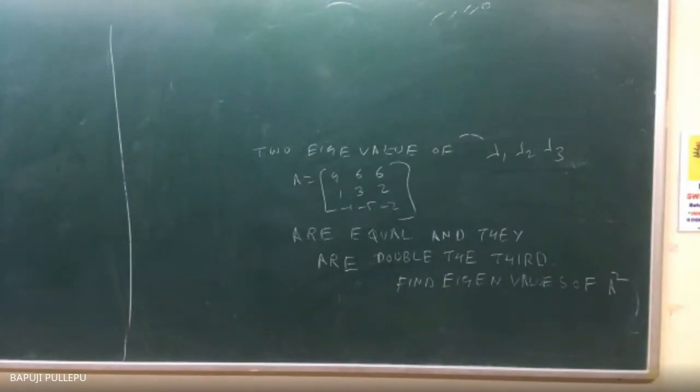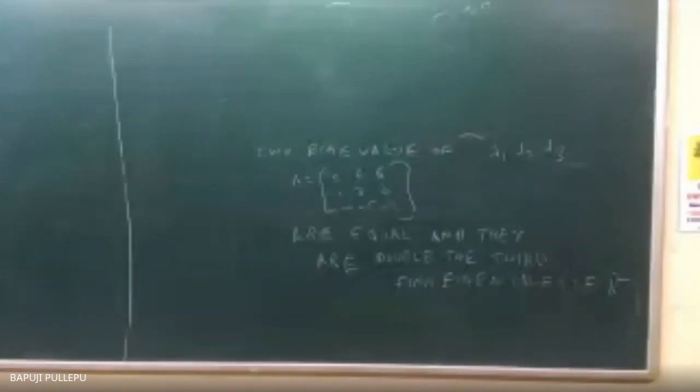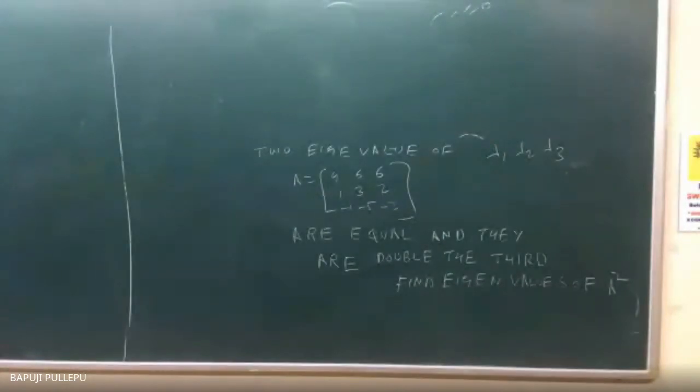Very good condition. They are equal and they are double the third one. So who will we fix first? The third one, sir. Very good. Lambda 3 is equal to lambda. Then lambda 1, lambda 2 will be 2 lambda, 2 lambda.